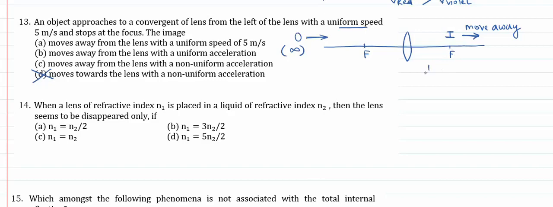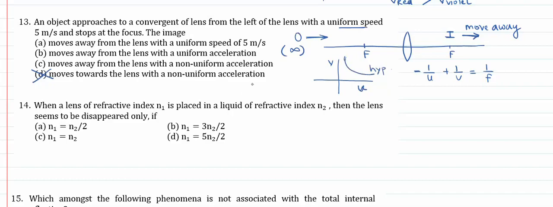The relation connecting them is minus 1 by u plus 1 by v is equal to 1 by f. It is not a linear expression. If you take a graph between u and v, it will be somewhat like this, that is hyperbolic.